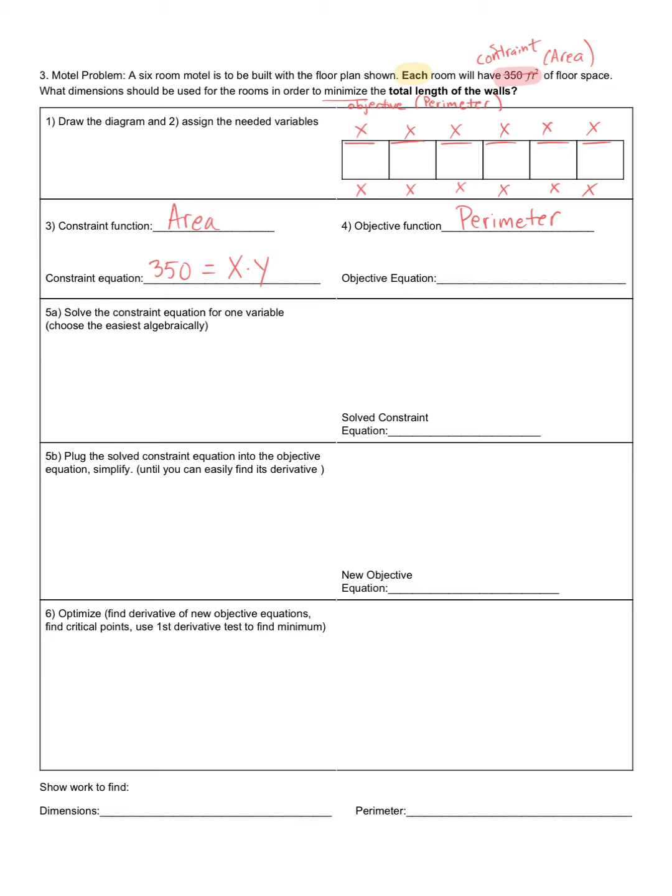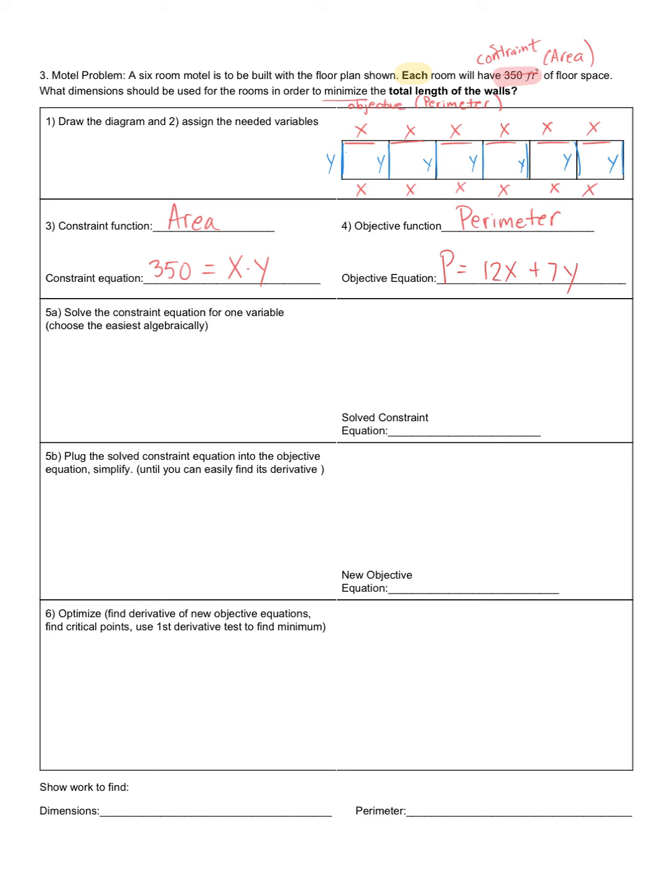So it looks like there's 12 X's, and then the vertical lengths right here. How many Y's are there? There's 1, 2, 3, 4, 5, 6, 7. So all of the walls, every single wall. All right, so that gives me a perimeter equation of 12x plus 7y. That gives me every single wall.